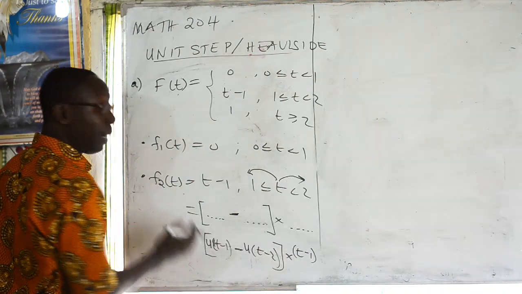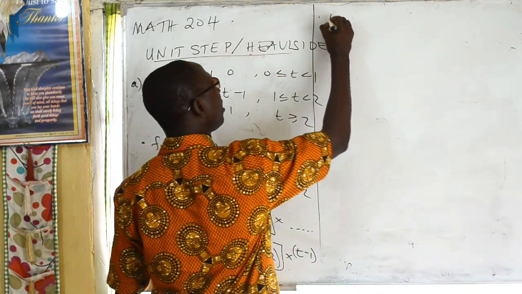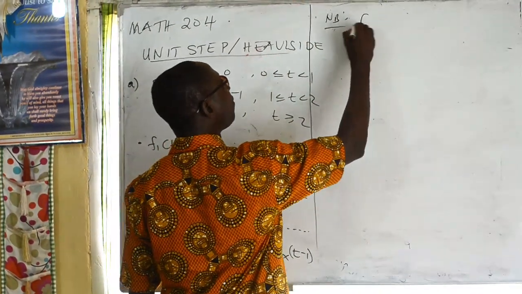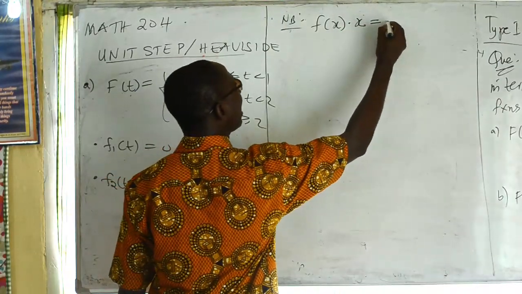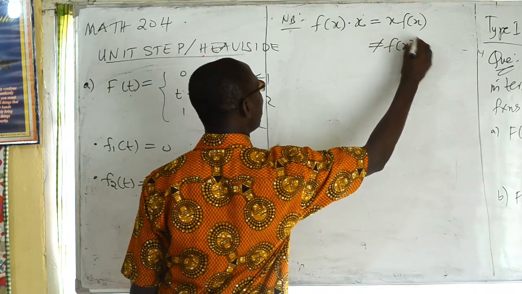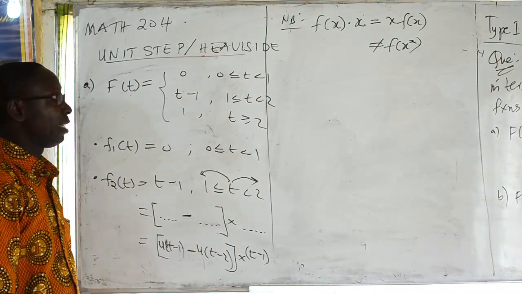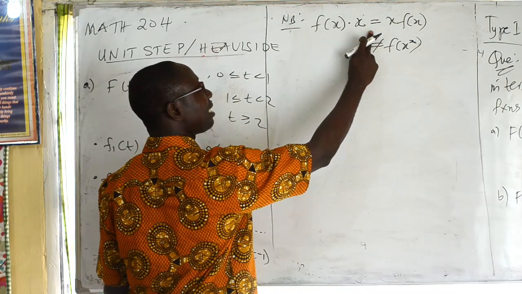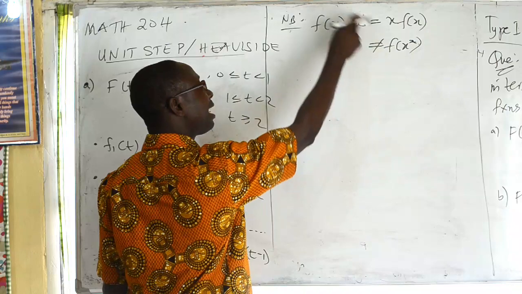Then we multiply. Now, before we do the multiplication, just look at something. In elementary mathematics, if I give you f of x times x, you tell me the answer is x f of x and not f of x squared. I hope you understand it. Good. F of x times x. Because this is a function, this cannot go inside. So rather to multiply at the back.